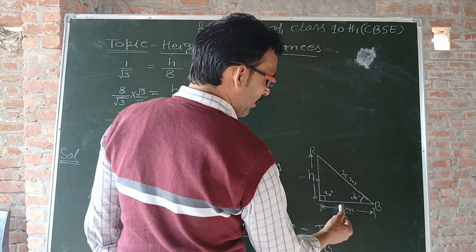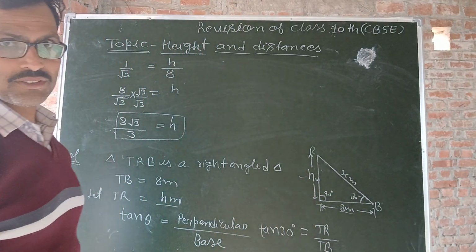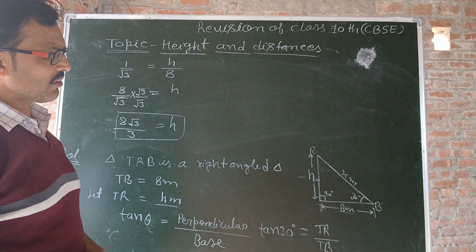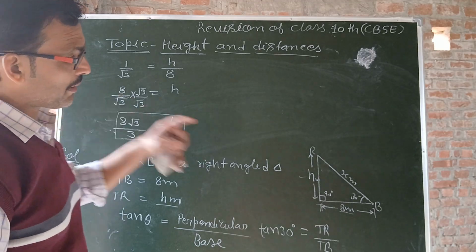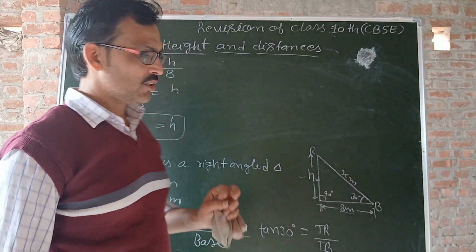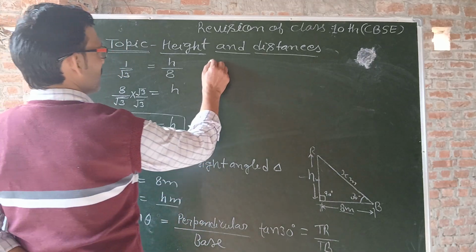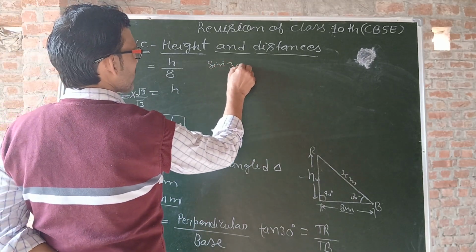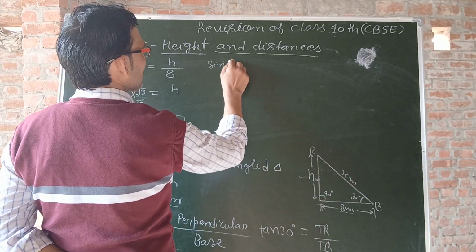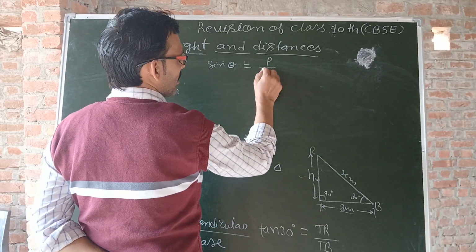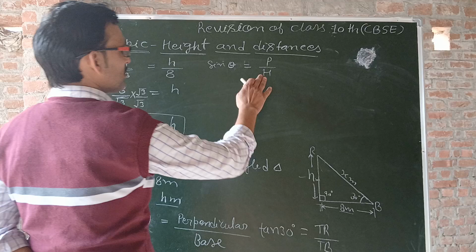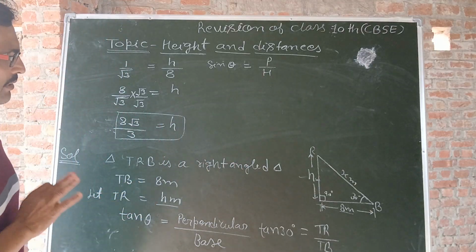Now we also find this. Hypotenuse upon base, or base upon hypotenuse, or perpendicular upon hypotenuse. So we apply sine 30, or I will write sine theta equals perpendicular upon hypotenuse. For hypotenuse I will write h, and for perpendicular I will write p.